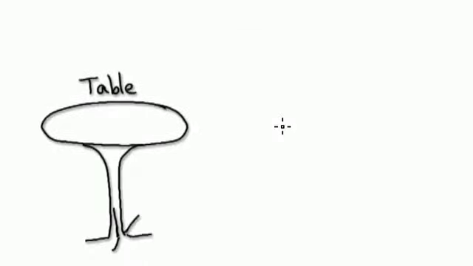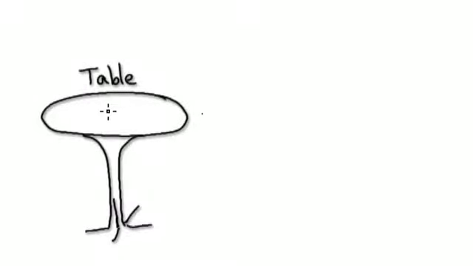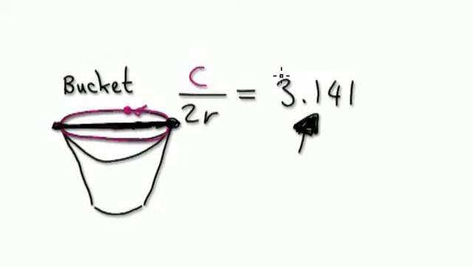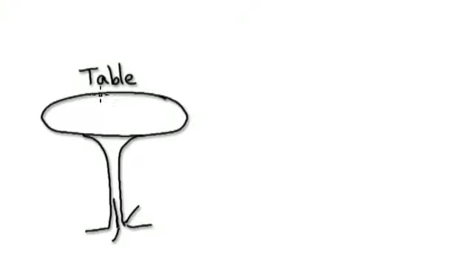If you find something bigger, like a circular table, that will give you a better answer. I don't think you can get 3.14 with a bucket. You're probably going to get 3.2 or something. But if you try it with a kitchen table or any circular table, it's going to give you a better answer because it's bigger. A bucket is quite small.